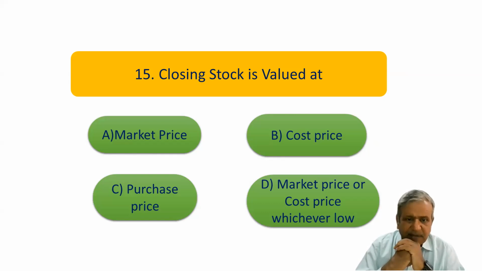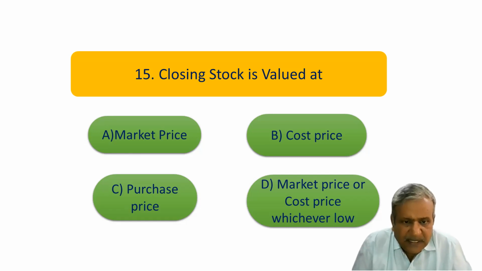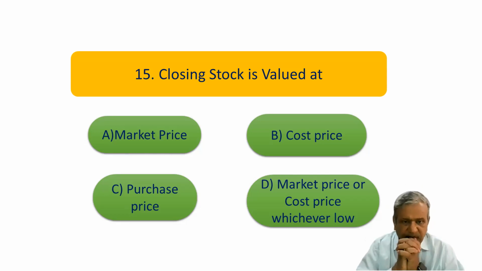Mustafa, Arvind, Emalata say B, cost price. Sundari B. Shailaja D, all of you D.